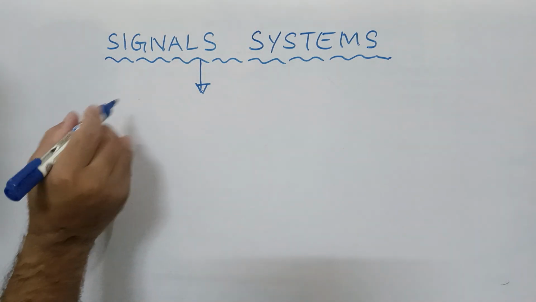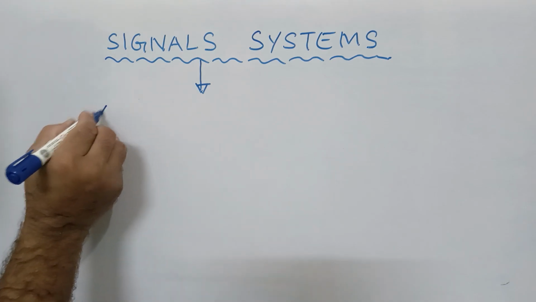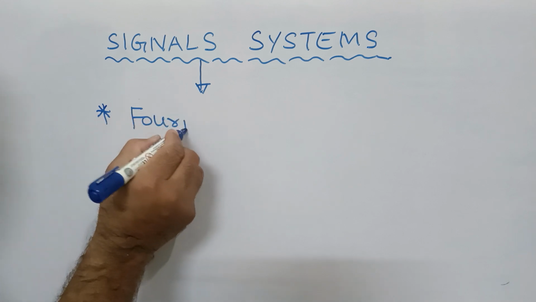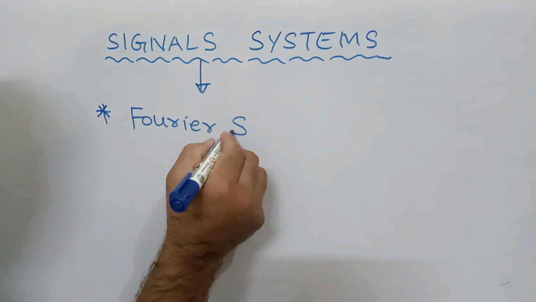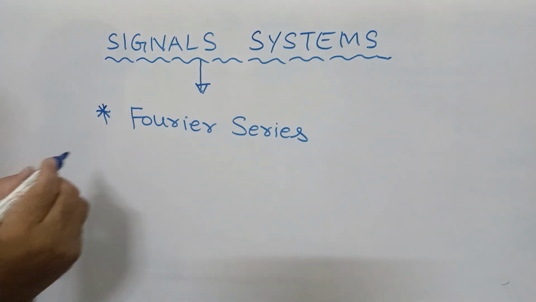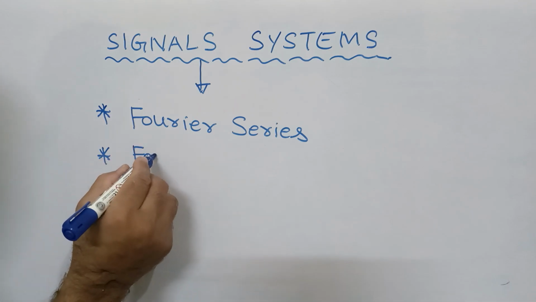There are a few transformations, out of which the first one is the Fourier series. The very important one is the Fourier series. The second one is the Fourier transform.